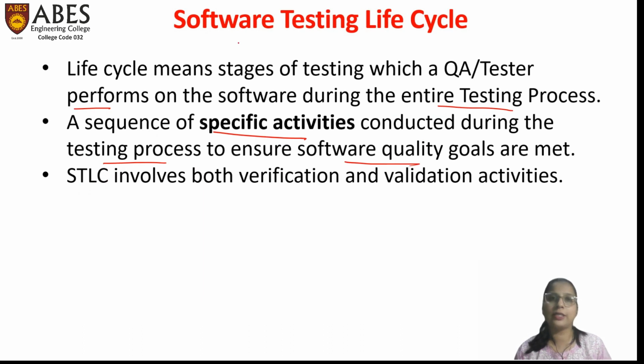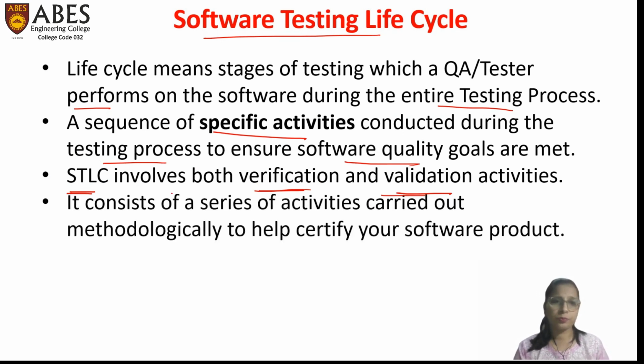We can call it STLC. STLC involves both verification and validation. As in my previous lecture, I talked about verification, which is a static form of testing, and validation, where you dynamically run the code, execute the code, and check for various outputs.